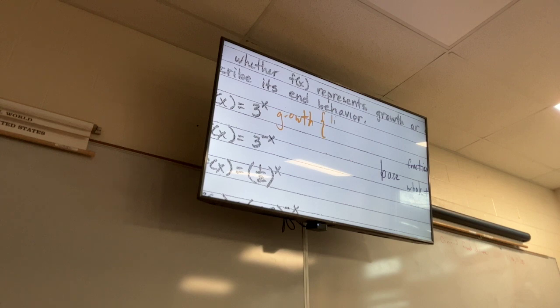So the limit as x goes to the right forever is going to equal what? Exponential growth. So what's going to happen? It's going to go to infinity. It's going to shoot up. Right? And then the limit as x goes to negative infinity is going to go to 0. Okay? For decay, you just flip those 2 things around.